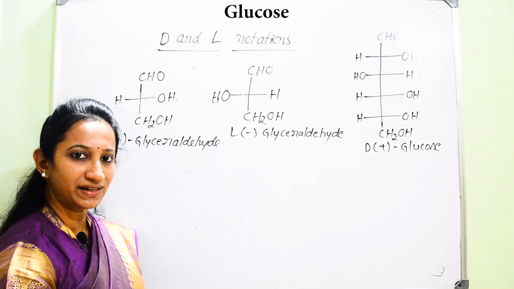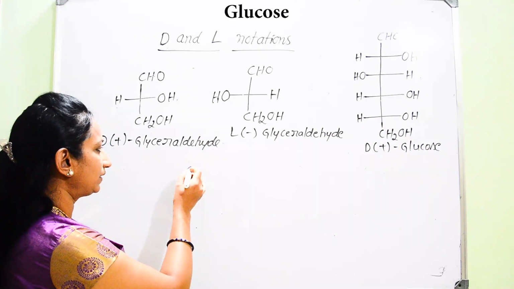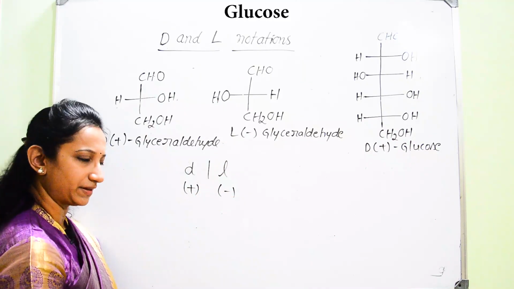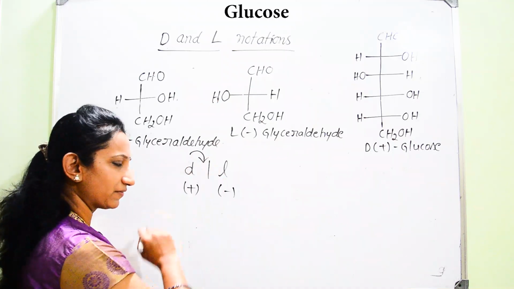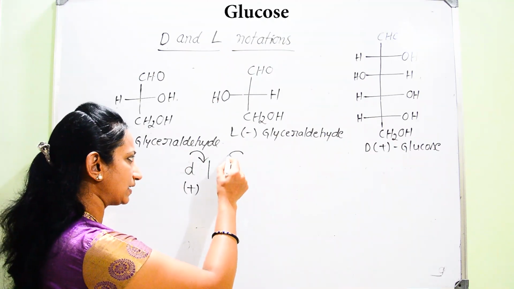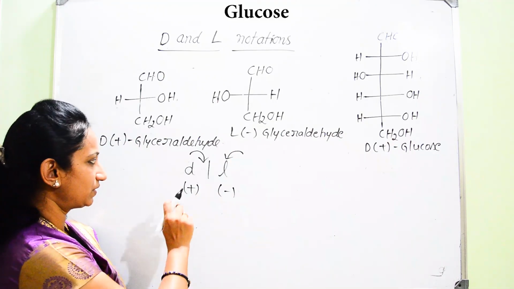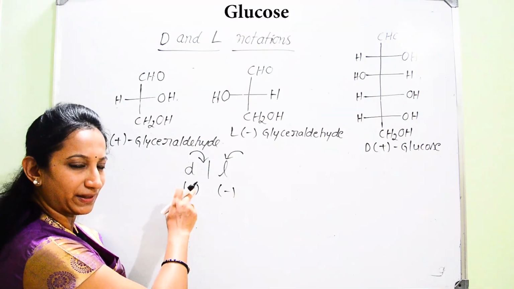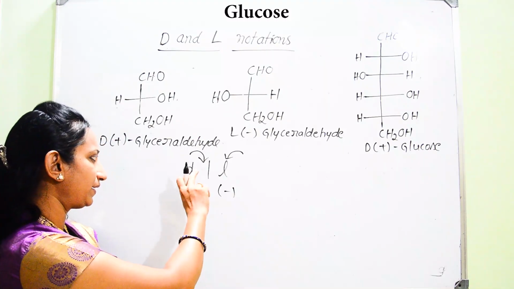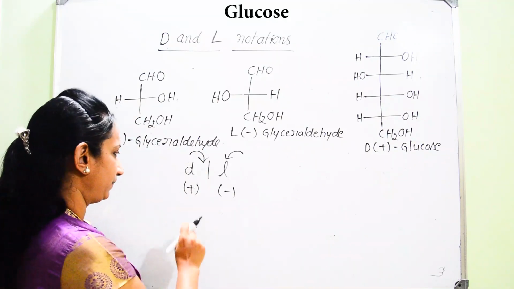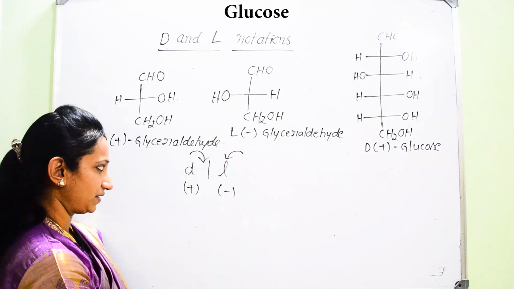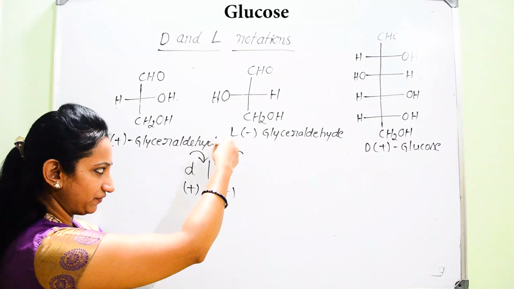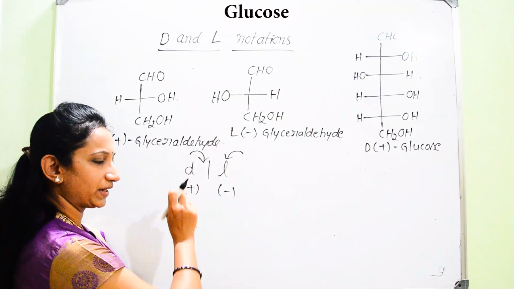But a small d and small l represent dextrorotatory or levorotatory. Dextro means towards right, or clockwise direction, and levo means towards left, or anti-clockwise direction. Those isomers which rotate plane polarized light towards the right hand side are considered dextrorotatory, whereas those isomers which rotate plane polarized light towards the left hand side are considered levorotatory isomers.